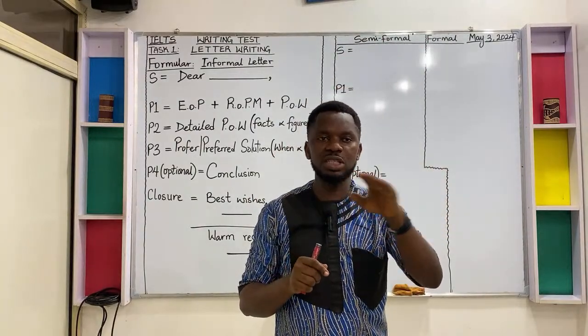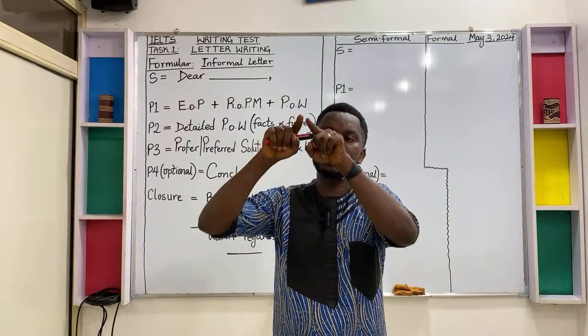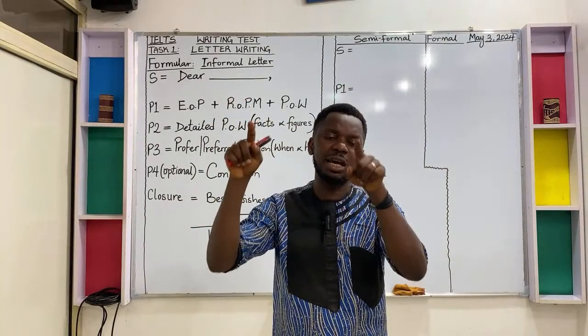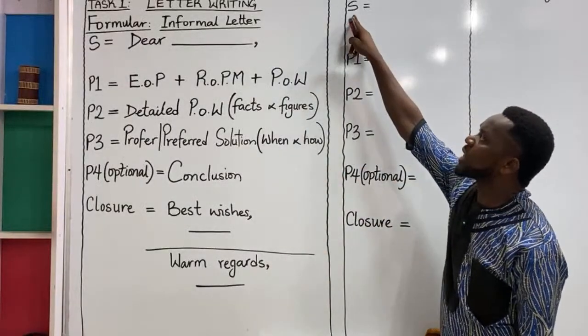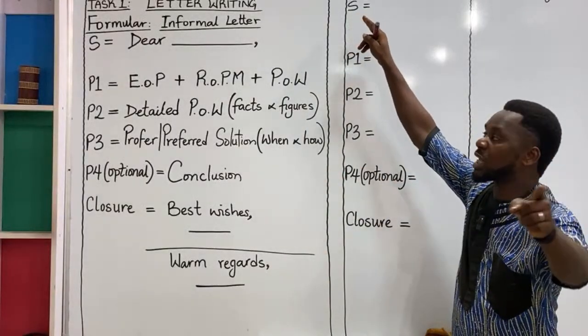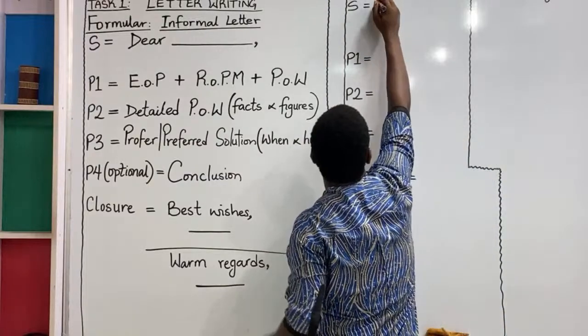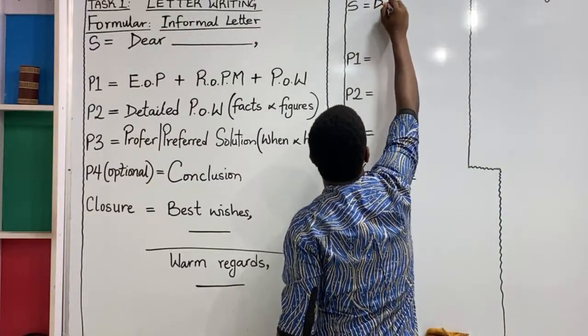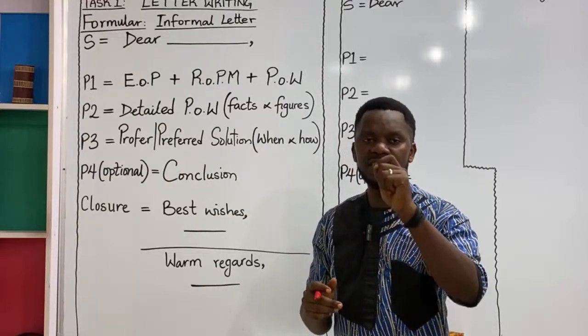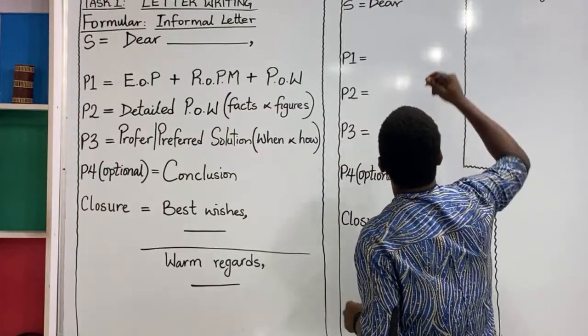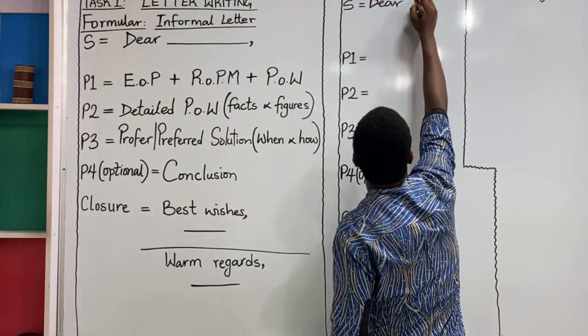You don't need your date. You don't need the recipient's address that you write at the left-hand side. It must begin with a salutation, and your salutation has to begin with Dear, followed by the official name and the person's marital status. So your salutation should come in this template.